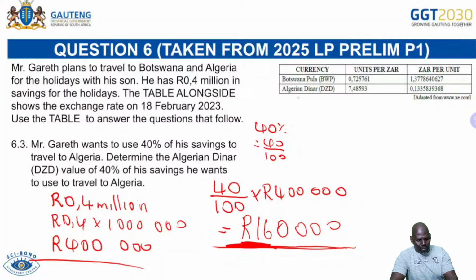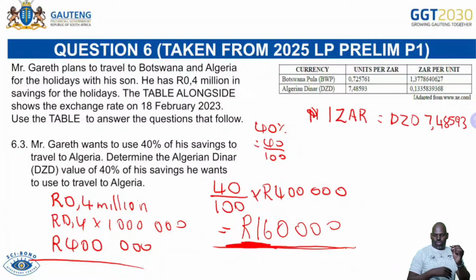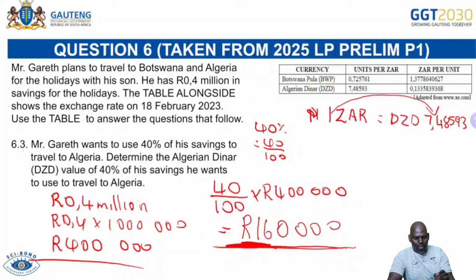If I want to convert, 1 South African rand is equal to 7.48593 DZD. So for every South African rand, I need to multiply by 7.48593. When you do a cross multiplication, we now need to convert this 160,000 rand.